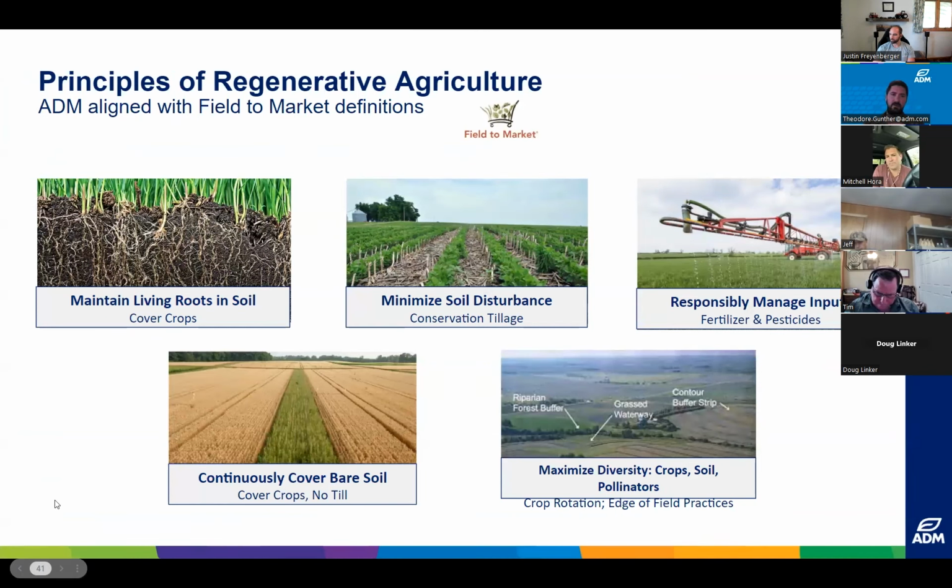You're talking about maintaining living roots, minimizing soil disturbance, keeping carbon in the soil and putting more of it into the system, managing your inputs responsibly and conservatively so that they're not lost, cover and bare soil, and maximizing diversity in rotations and other metrics. So that's just a sense of where our programs are focused, and I don't think that's much different than what most others in this space are looking towards.